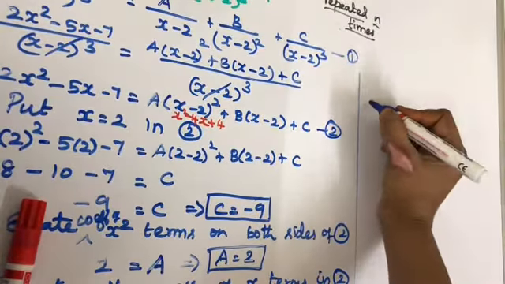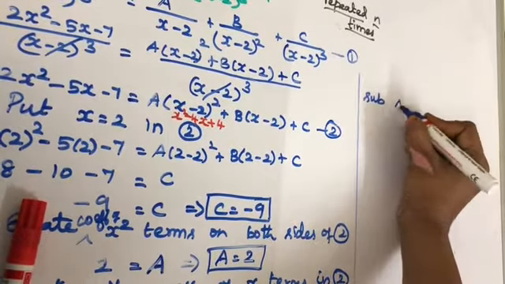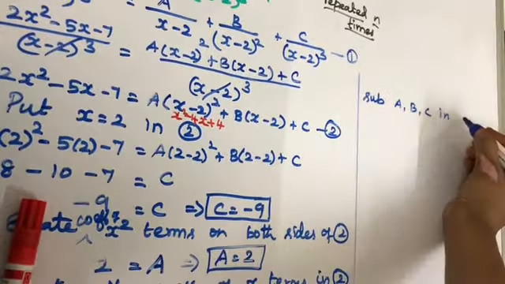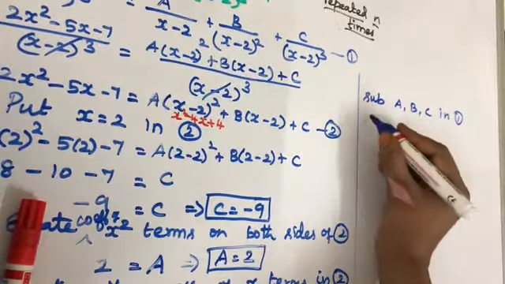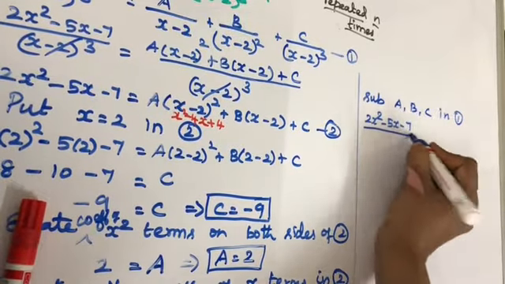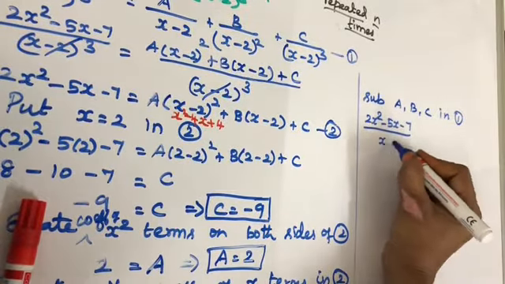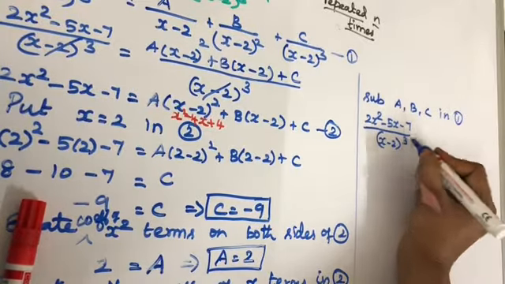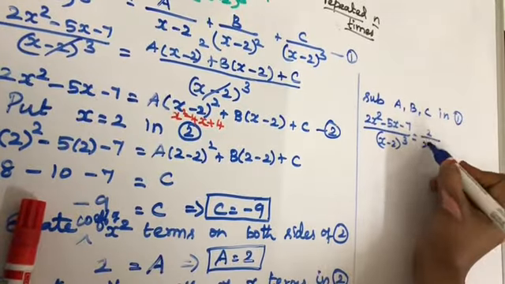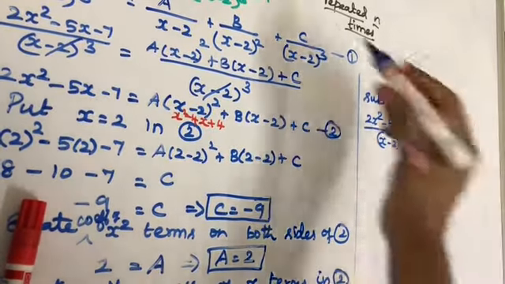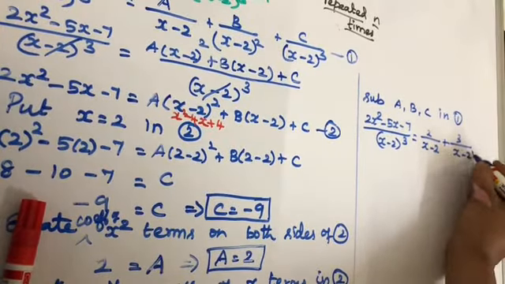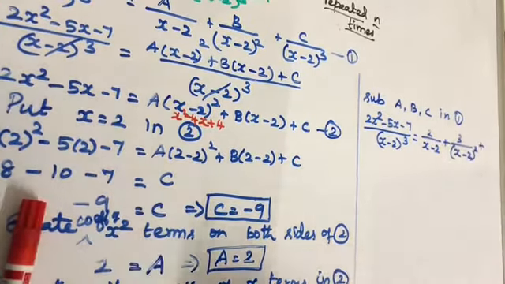So, 2x square minus 5x minus 7 divided by (x minus 2) the whole cube is equal to, what is A? 2. 2 divided by (x minus 2) plus, what is B here? 3. 3 divided by (x minus 2) the whole square plus, what is C?